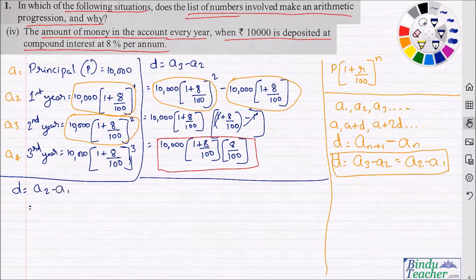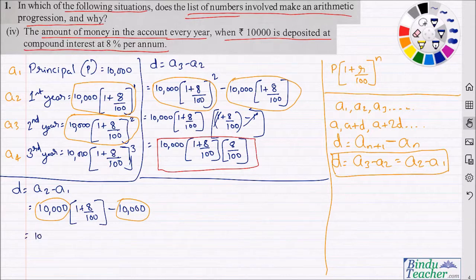Now what is A2? A2 is 10,000 into (1 plus 8 by 100) and minus A1. A1 is 10,000. Again, applying the rule of common factors, here you'll see 10,000 and 10,000 is common. So I'll take that outside the bracket.